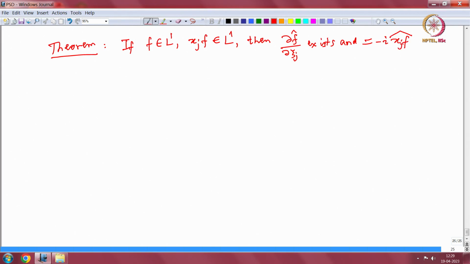Let me sketch the proof for n equal to 1. This is an important result. It tells a sufficient condition under which the Fourier transform is differentiable.